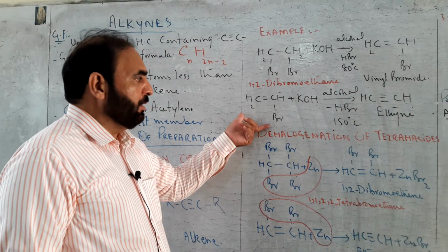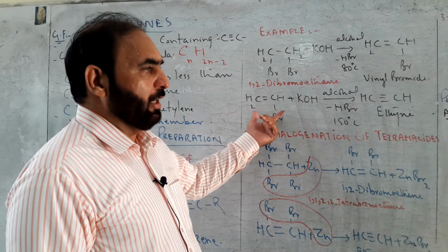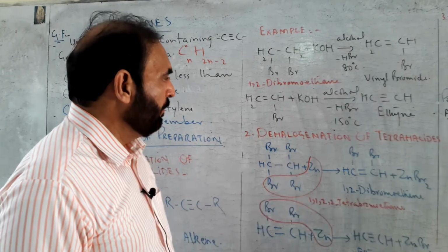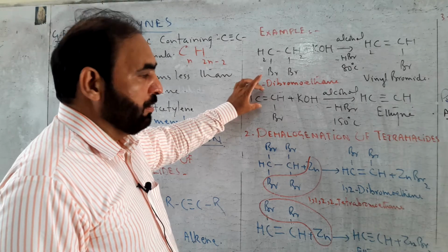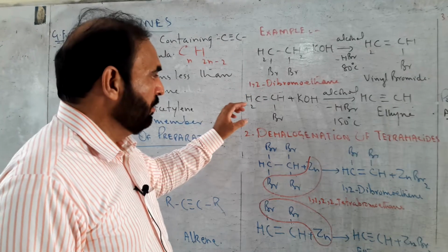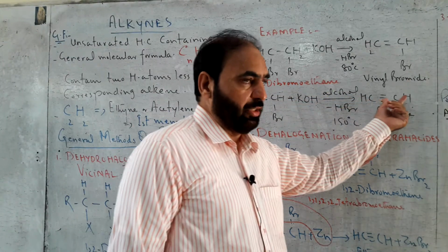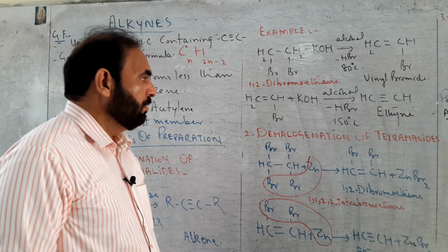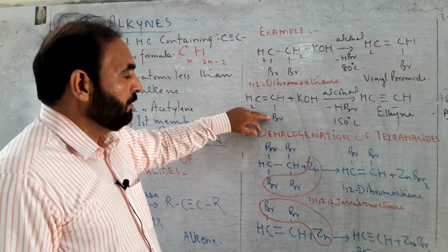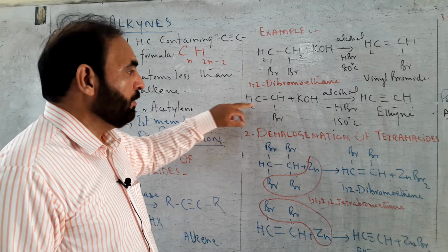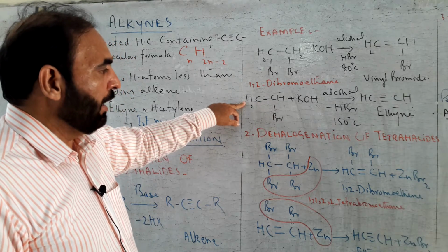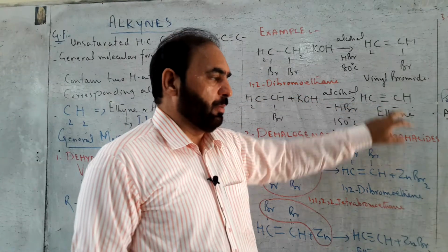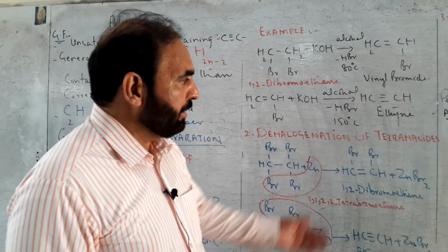In second step, again dehydrohalogenation occurs, and CC double bond after dehydrohalogenation is changed to CC triple bond. Bromine is removed from 1 carbon and hydrogen is removed from adjacent carbon, and double bond is changed to triple bond, and the product is ethyne.